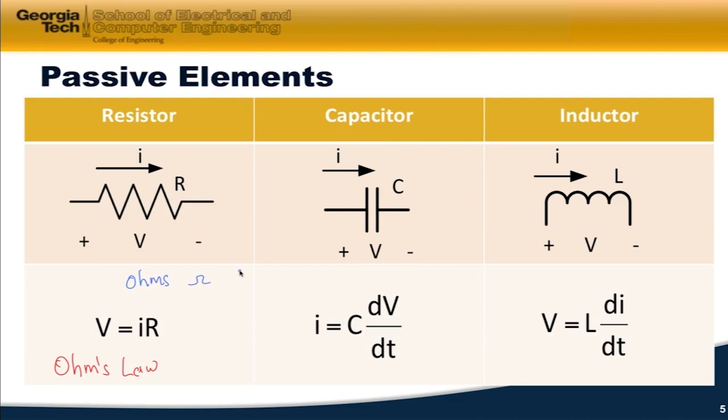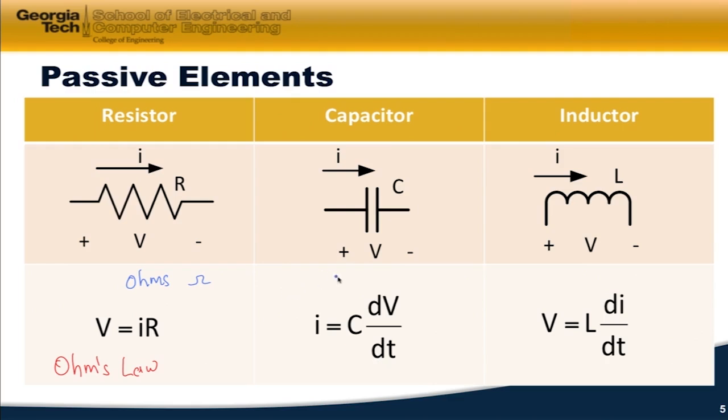Now, if I go on to a capacitor, it is an energy storing device. And it is governed by this differential relationship between the current through the capacitor and the voltage across it. And note again that the convention is to show the current going into the plus side of the voltage, and then we get this equation.